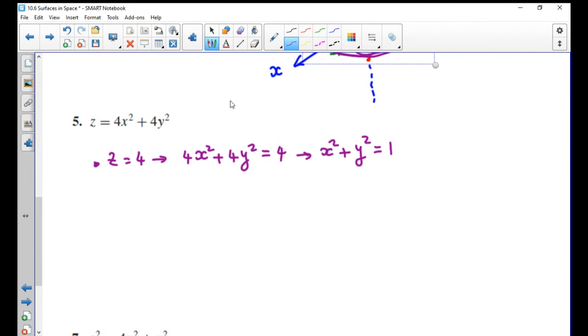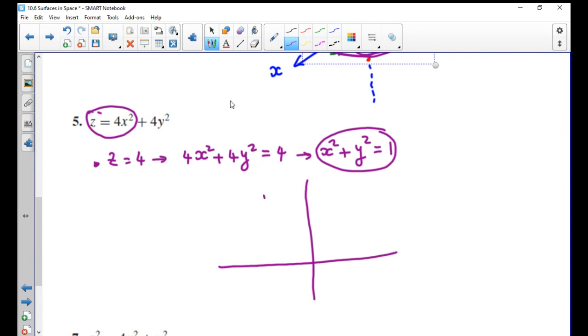So at every z, you will get a circle, and of course, the radius will increase. But is it a cone or a paraboloid? It's a paraboloid, because z equals 4x squared is a parabola. So you can see now the shape will be something like this.